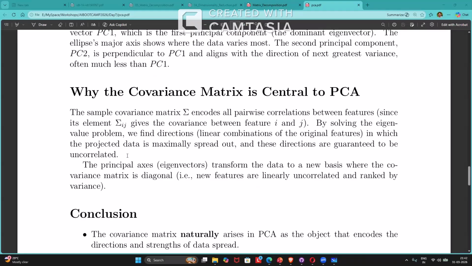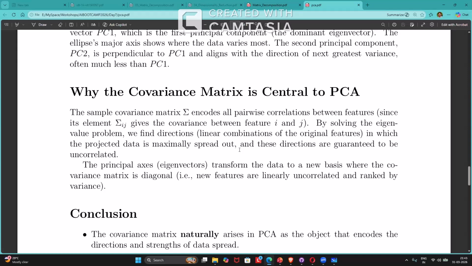So by solving the eigenvalue problem, we find the directions in which the projected data is maximally spread out. The eigenvalues and eigenvectors of this covariance matrix give the direction of vectors where this maximum spread is there.